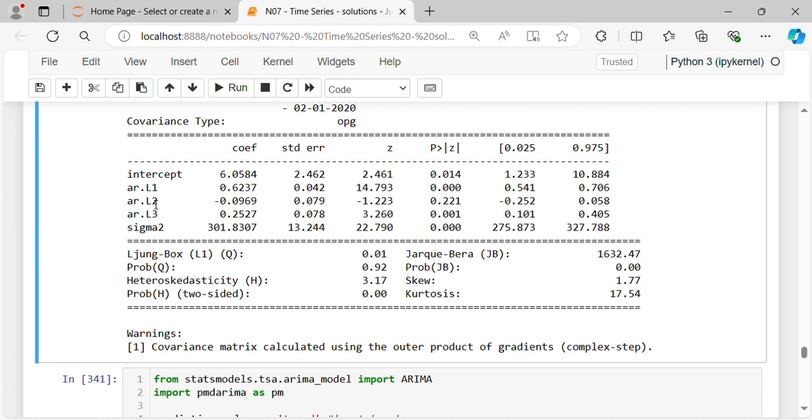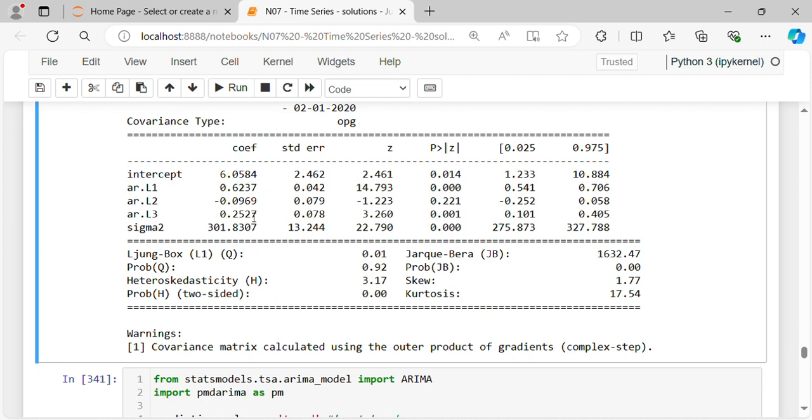For IR.L1 we have 0.62, and the 95% confidence interval gives us 0.541 to 0.706. The P value is 0, Z value is 14.793, and the standard error is 0.042.